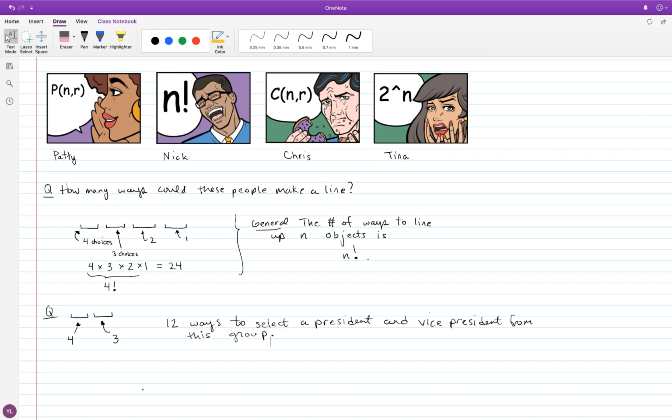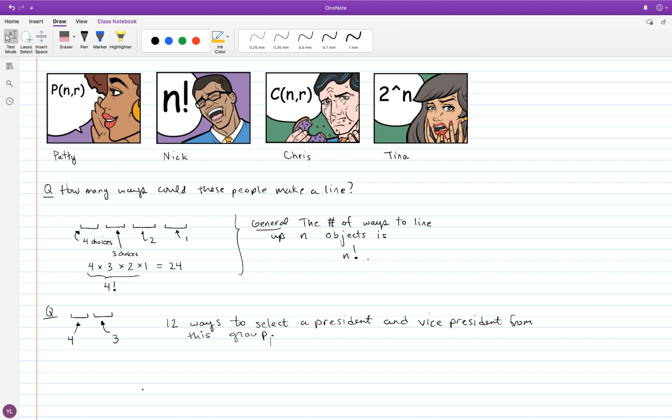Okay, when we build these lineups of people where the order matters, we're forming what are called permutations of the objects that were presented. So here we're presented 4 people, and the first question is basically, what are all the length 4 lines that you can make from them? That's just the full number of permutations of these 4 objects. And there's always n factorial many full permutations of n objects.